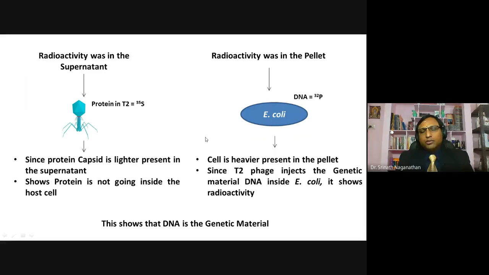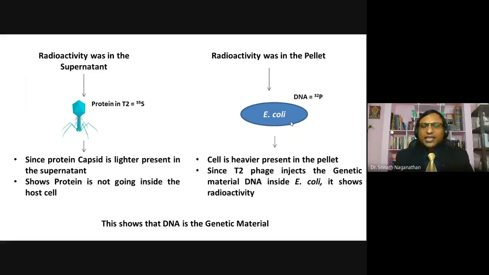The cell, since it is heavier, is present in the pellet. And the T2 phage, since it has injected the genetic material, that is DNA, inside the E. coli, which has been grown in the P32 radioactive isotope, it shows the radioactivity. From this, they concluded and proved that DNA is the genetic material.